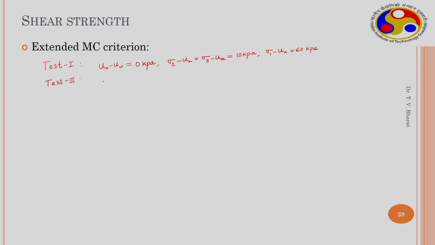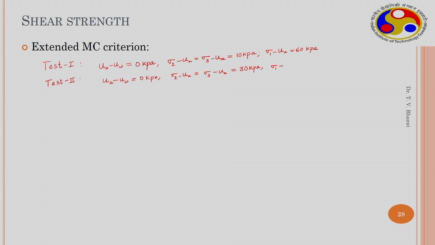Similarly, another test is conducted, test 2. Here the test is again conducted at saturated state, UA minus UW equals 0 kilopascal, and sigma 2 minus UA and sigma 3 minus UA are both increased.